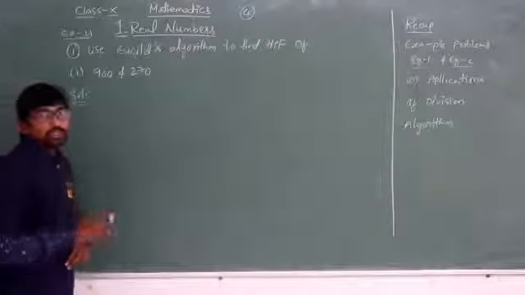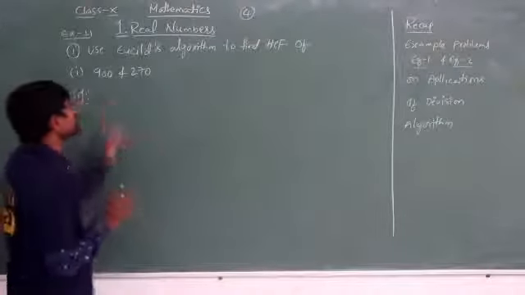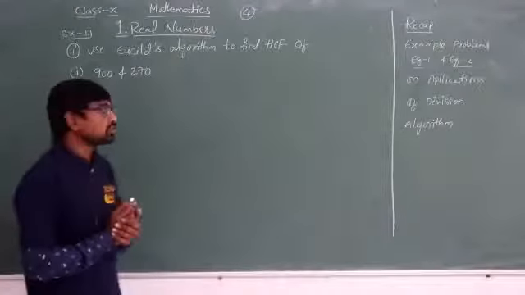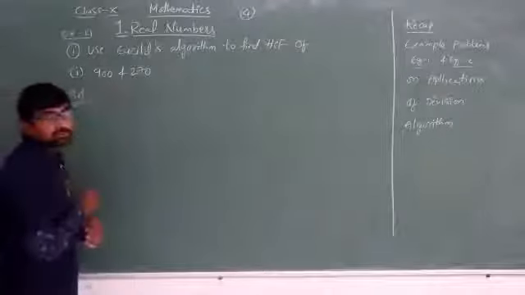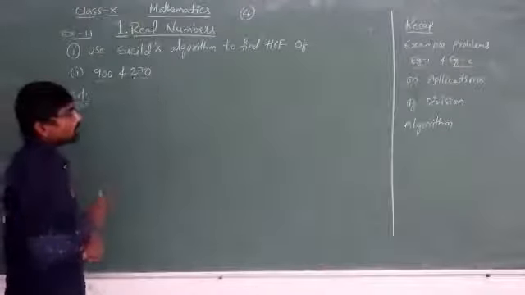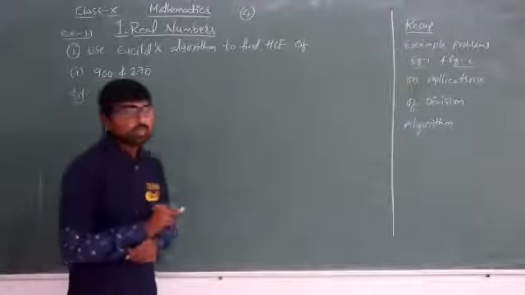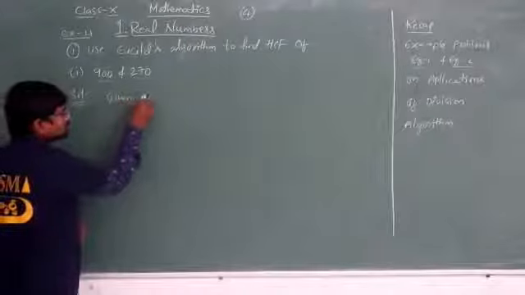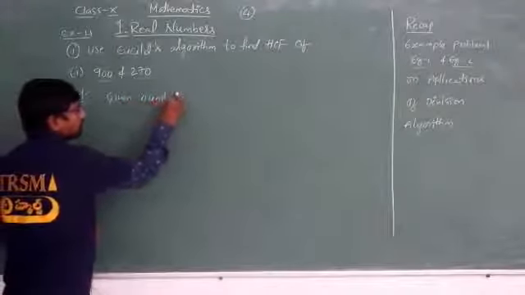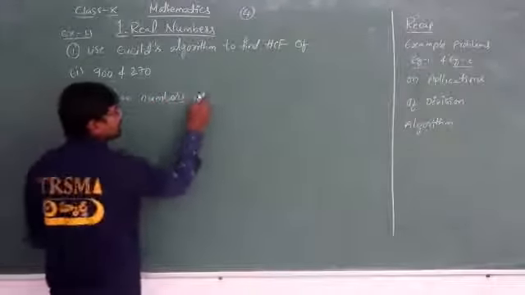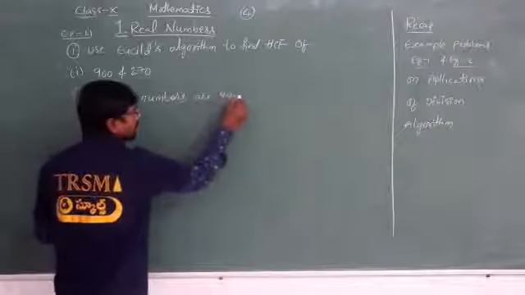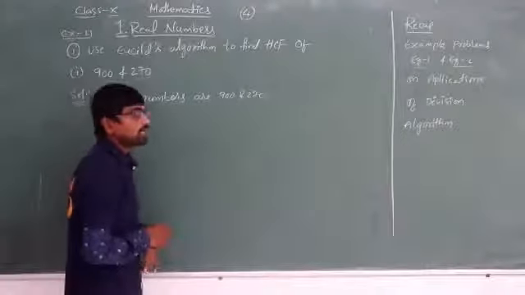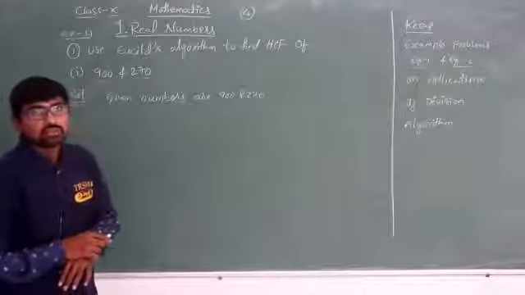What we did previously in the example problem: first we check which one is greater and which one is smaller. Here 900 is the greater, bigger number, and 270 is the smaller number. Based upon the question, the given numbers are 900 and 270.